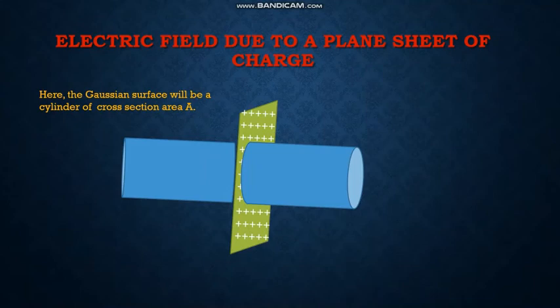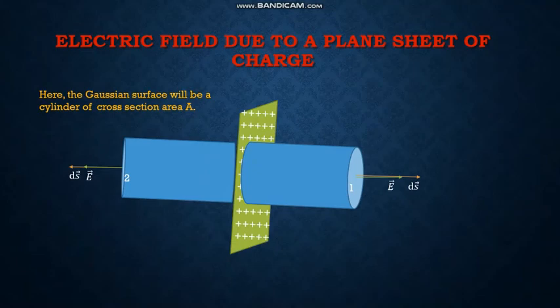The cylinder has three surfaces. For surface 1, the electric field and area vector are in the same direction, that is, the angle between electric field and area vector is 0. For surface 2, the electric field and area vector are in the same direction, that is, the angle between electric field and area vector is 0.